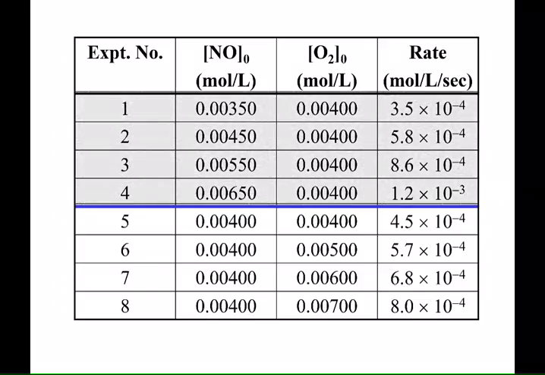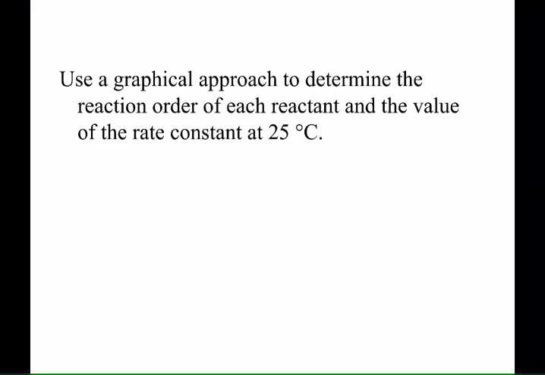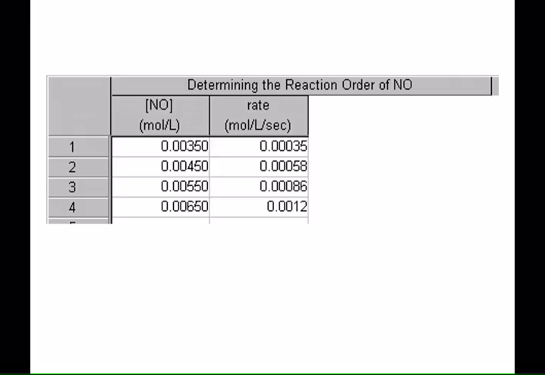So looking at the first 4, first, to get the reaction order of NO, looks like this. That's the raw data. That's the molar concentration of NO, your other one was constant, and these are the reaction rates. So we're getting ready to do this to it.